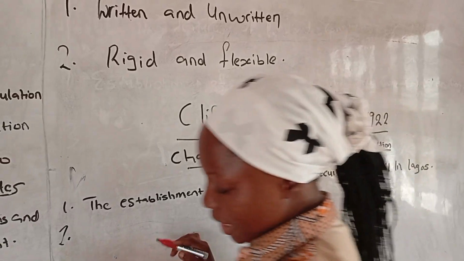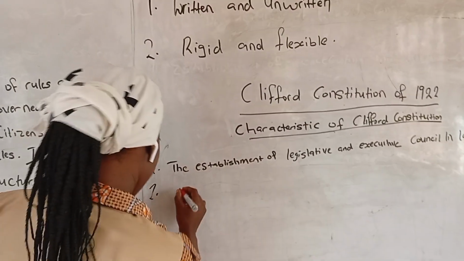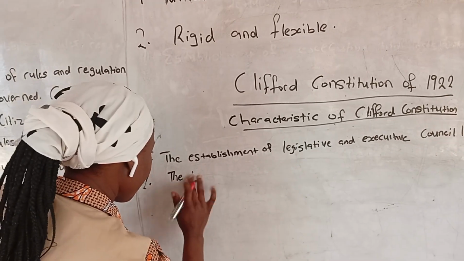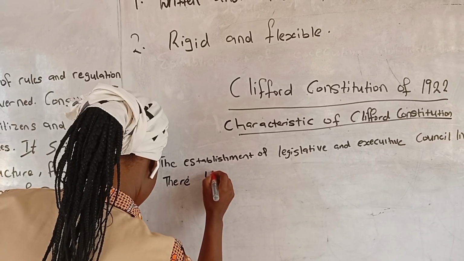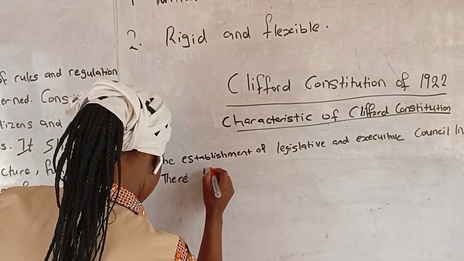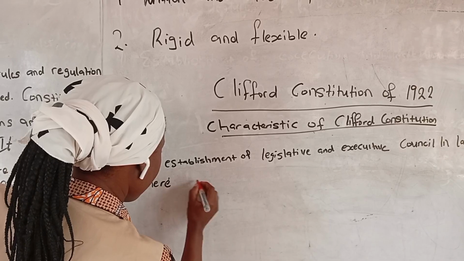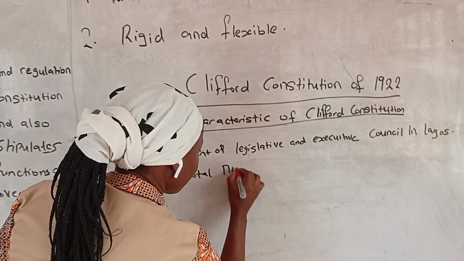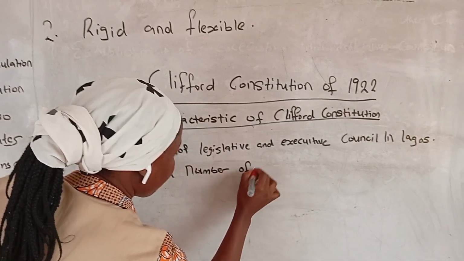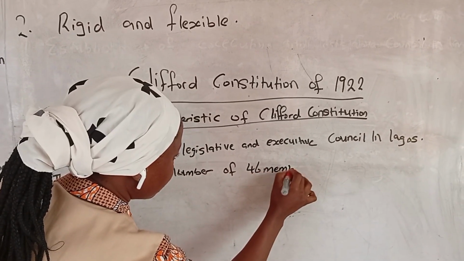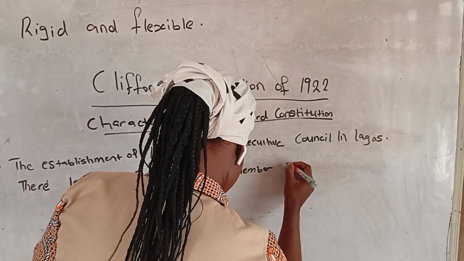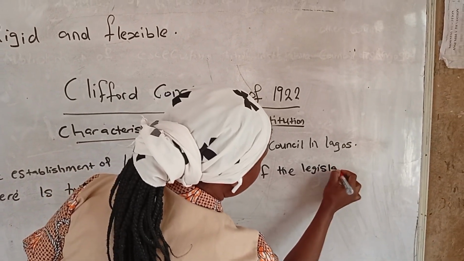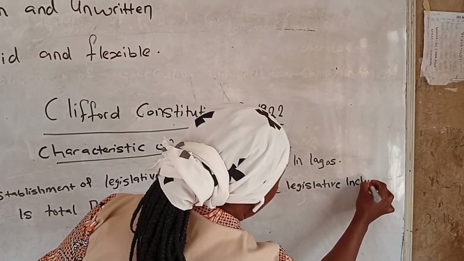Another one is that there was a total number of 46 members of the legislative, including their governor.